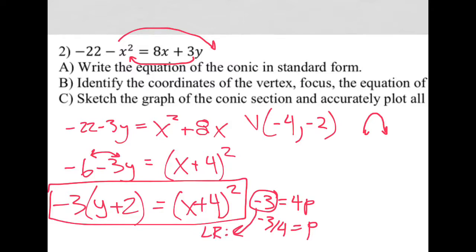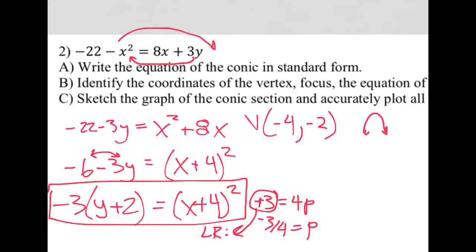The latus rectum's length is always 4p, except we need to remember that that will be a positive 3 because it is the absolute value of that coefficient, because we're talking about a length, so it should be a positive number. So positive 3 is the length of the latus rectum. The negative 3 is telling us it's opening downward, since it's a vertical parabola, since the x term is squared, and the p-value is negative 3/4.